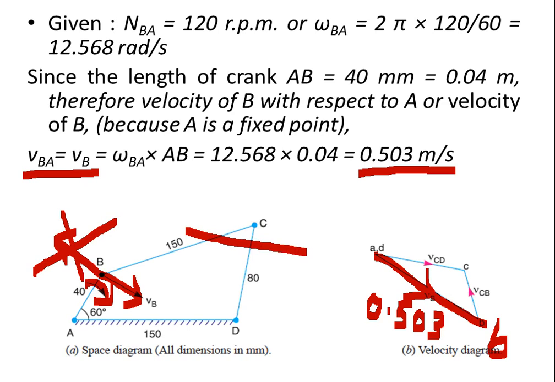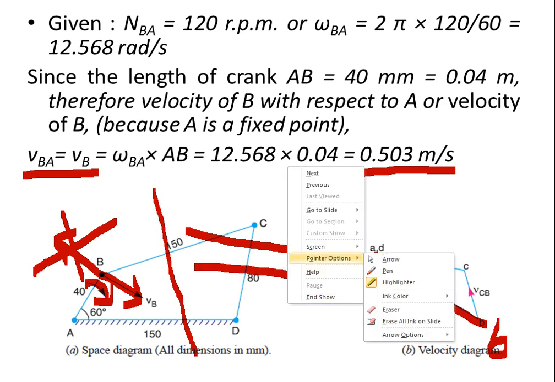You don't know the magnitude, but you know the directions, because you know the length of the link. So the direction for the velocity of BC will be perpendicular to the length of this link. So this is the direction for BC, perpendicular to BC. Same way for DC also, you know that perpendicular to DC will be like this.